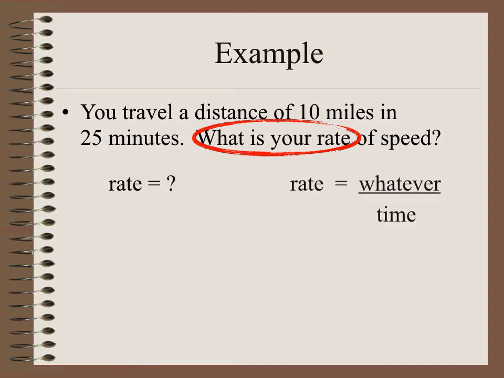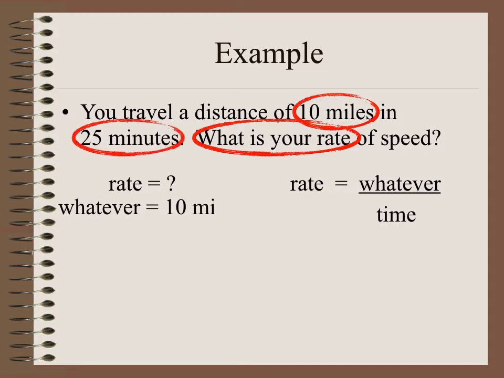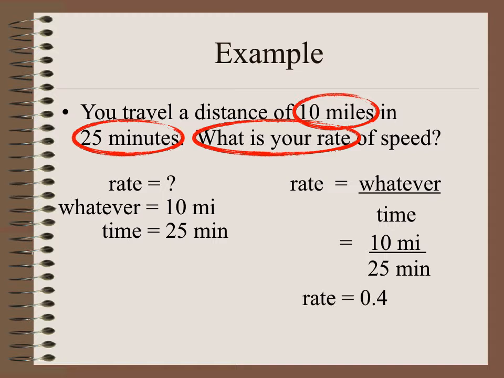Our formula for rate says we take whatever and divide by time. Our whatever in this case would be the 10 miles. Our time is 25 minutes. So we can substitute those values in with the units. When we divide, 10 divided by 25 gives us 0.4.